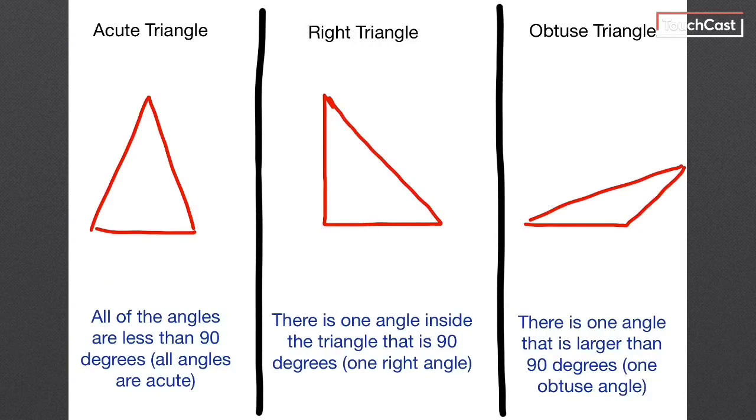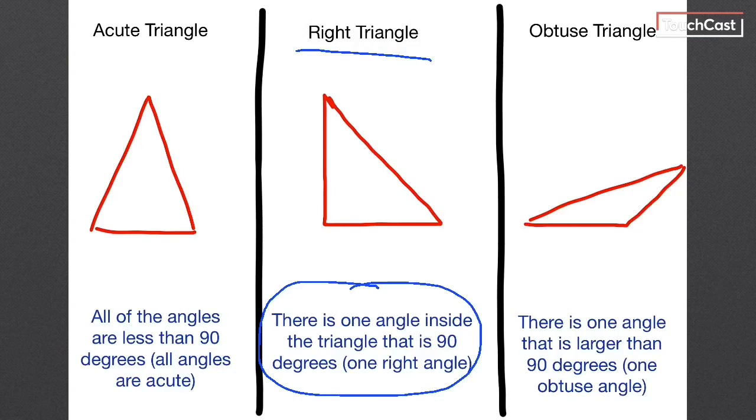Here's the next one, the easy one, right triangle. Remember, right angles are perfect. Perfect 90 degrees, like the corner of a box. In this case, a right triangle is where one of the angles, and only one of them, inside the triangle is 90 degrees.